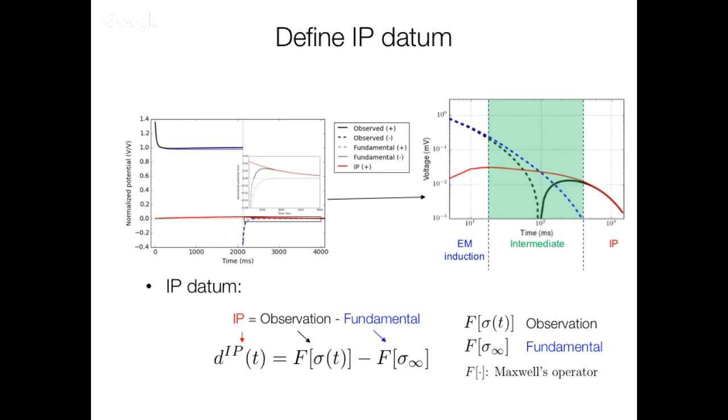At late time, and this is where people generally want to be, just recording at late time, the inductive response is gone, and now you just have an IP signal.